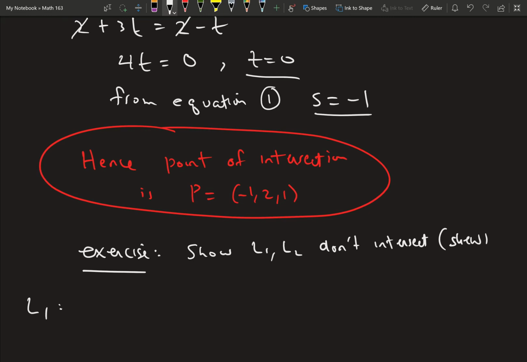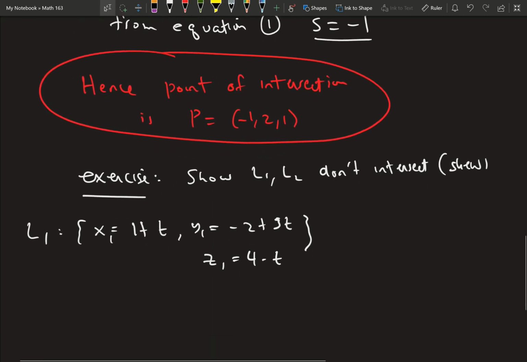So L1 is the following: x1 equals 1 plus t, y1 equals negative 2 plus 3t, z1 is equal to 4 minus t. So these are the parametric equations for line 1.